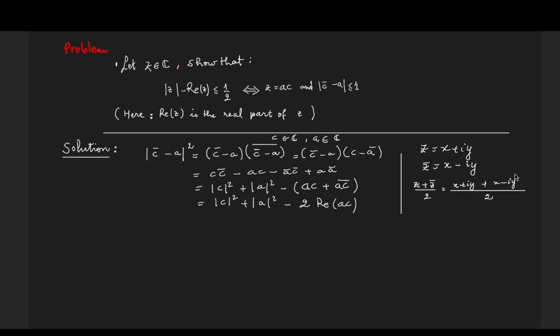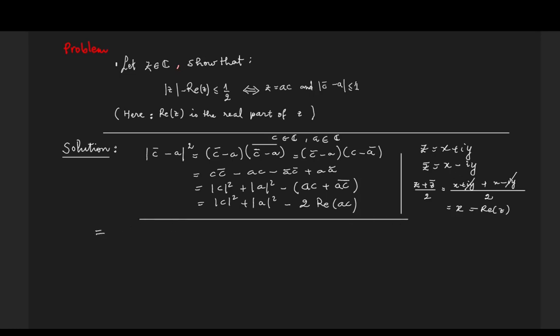So iy minus iy will cancel out, and so we have 2x over 2, that's x, which is the real part of z. So the real part of z is always equal to z plus z bar over 2, and then z plus z bar is equal to 2 times real of z. That's what we did here. So we have this calculation, we'll need it later.